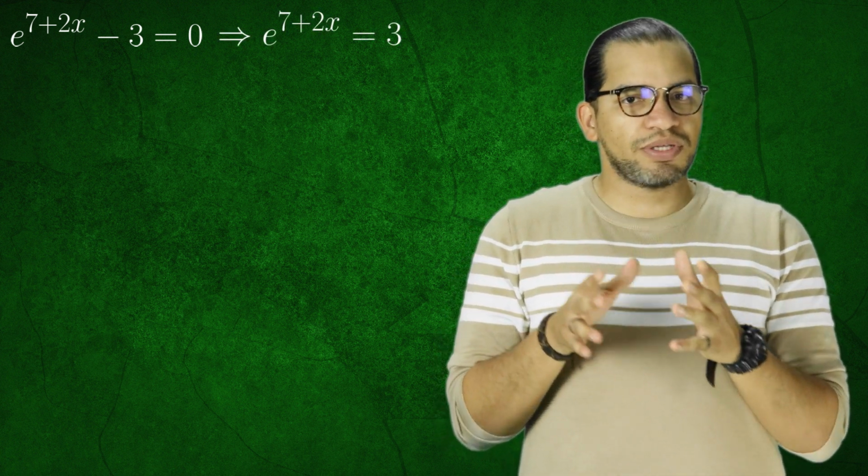Let us consider now the equation e to the 7 plus 2x minus 3 equals 0. Then we can add 3 to both sides of the equation and we end up having that e to the 7 plus 2x is equal to 3.